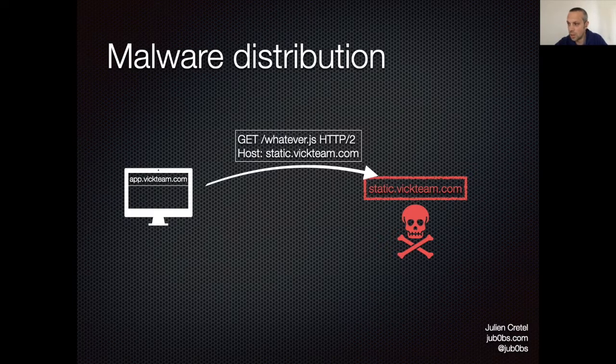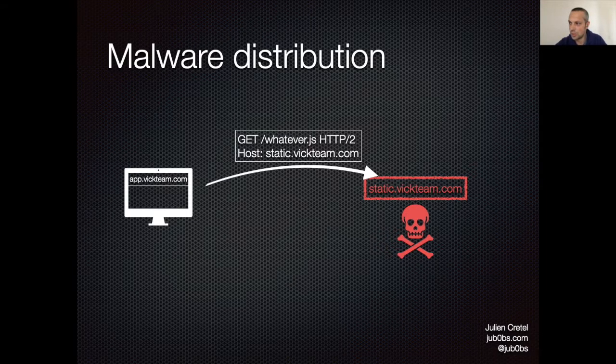And by looking at the logs, he or she realizes that the origin app.victim.com keeps requesting a JS file. Okay, so the attacker knows that if he or she serves that JavaScript file, it's going to get executed in the context of app.victim.com. So that could be interesting to steal session cookies or stuff like that, something malicious anyway.